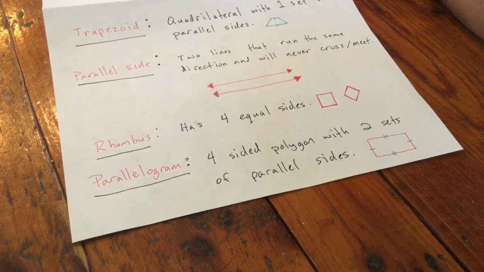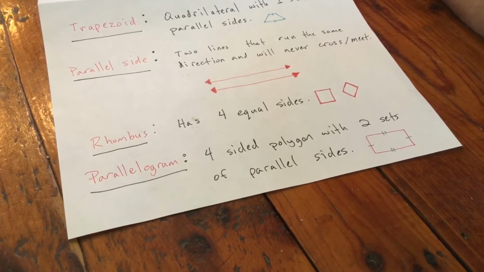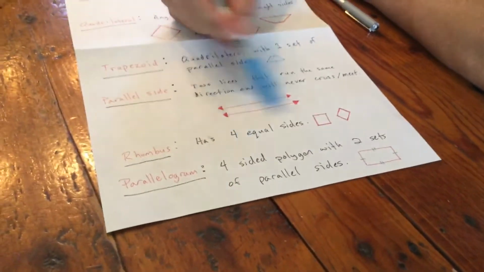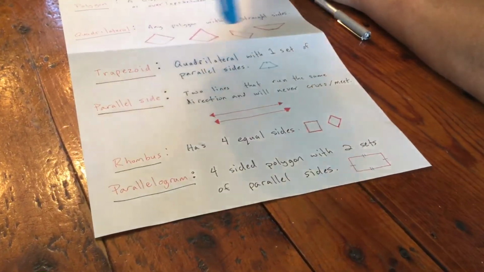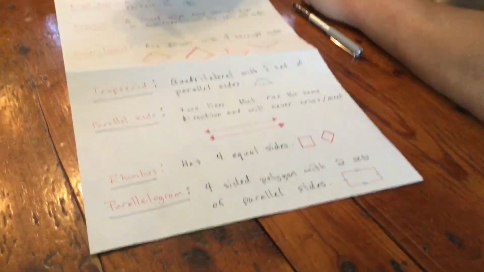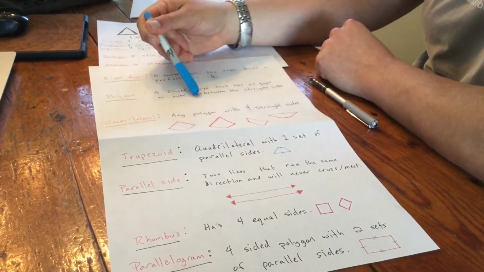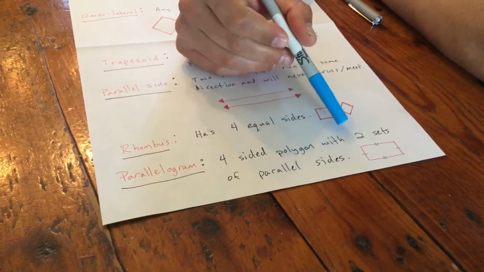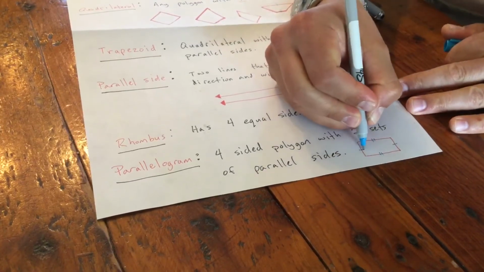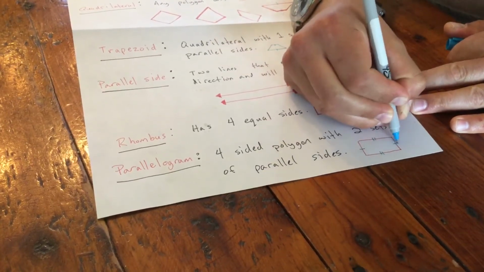Now, our last term that we're going to learn is parallelogram. Well, we know that parallel means lines that never cross or meet. So a parallelogram is a 4-sided polygon, which is a closed shape with no gaps, no overlaps, and straight sides, with 2 sets of parallel lines. This line is parallel with this line.